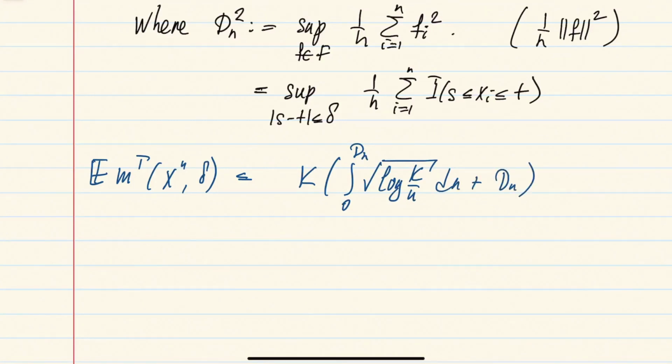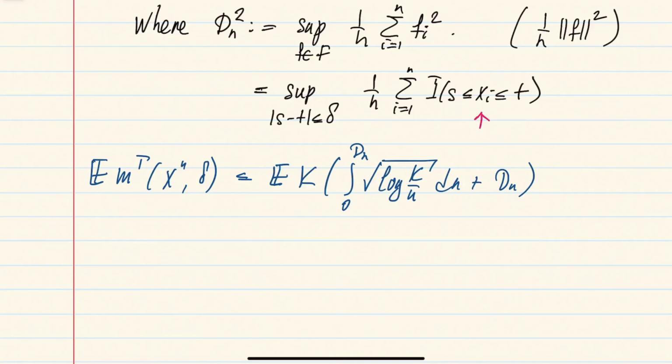Okay, but remember that the expectation on the left hand side also involves the random variables xi, the uniform random variables that were fixed for a moment. So here we actually have to take the expectation over these random variables xi, which still appear in the definition of dn.